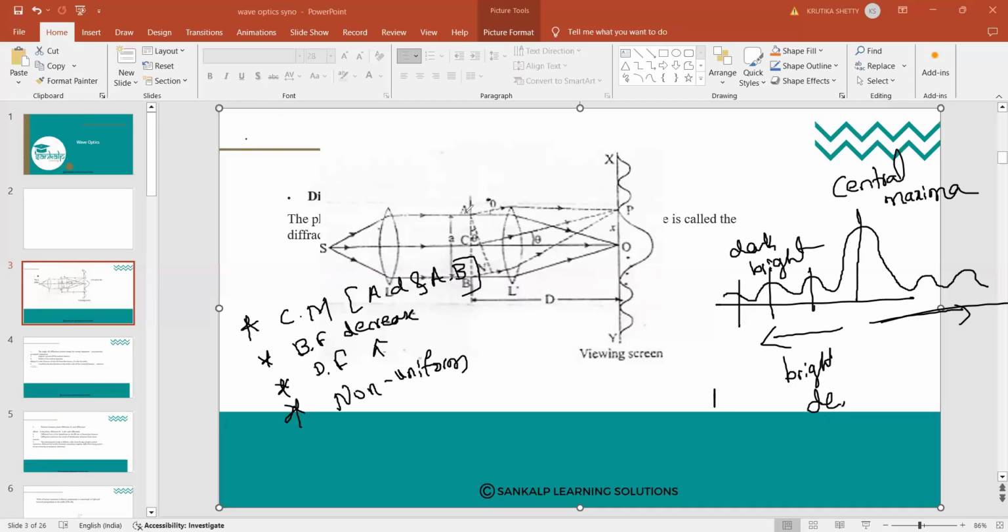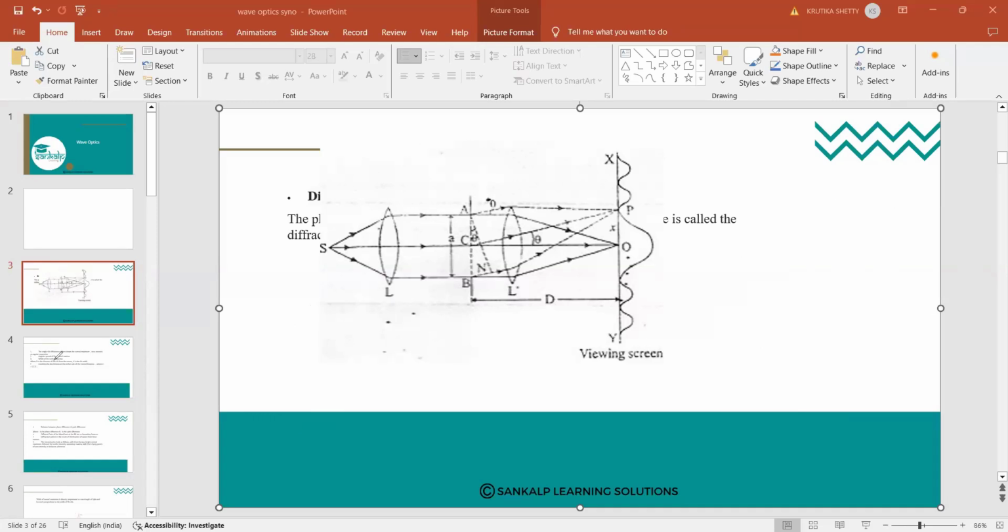The obstacle may be your slit or the screen, whatever obstacle you use, its size and the wavelength of the light you use as the source must have some ratio, they should be comparable in size. Only then can we get the diffraction pattern.